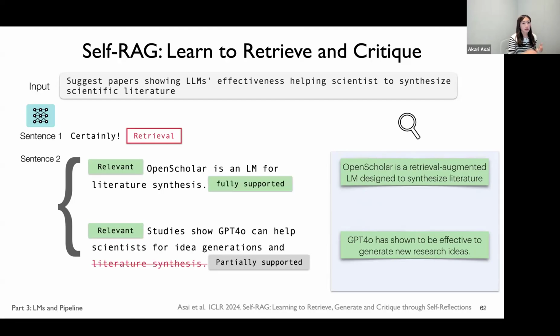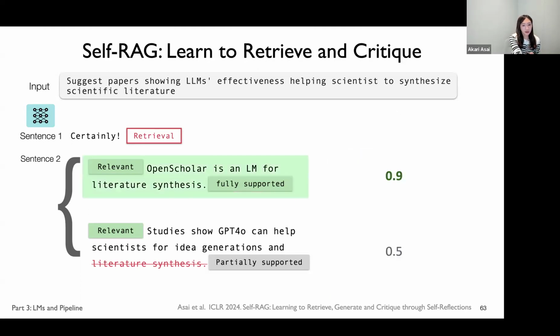After generation, we also make the model generate a judgment on whether the model answer is fully supported by citation or not. In this case, the bottom document is only partially supported, so the model generates a partially supported token.